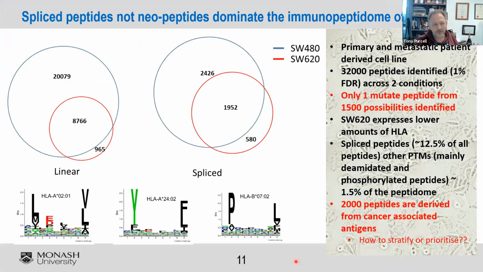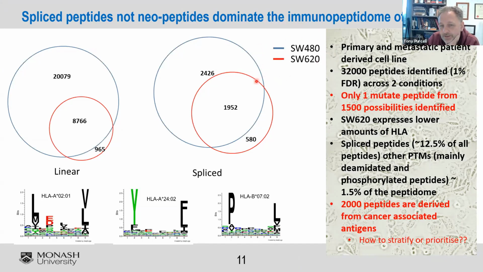So I'm going to show two snippets of data. I'm not going to go into huge detail of the data. You've heard and you've seen this type of data, and I just don't think I've got time to go into a great lot of detail. In the first example, I'm showing you data from two very well-studied, well-characterized patient-derived cell lines.